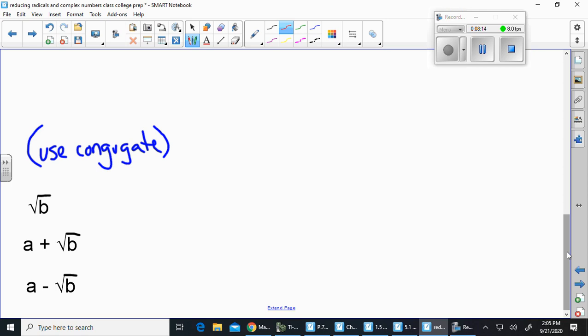The conjugate of radical b is really negative radical b. The conjugate of a plus square root of b is a minus square root of b. The conjugate of a minus square root of b is a plus square root of b. So you're going to see it with complex numbers also.